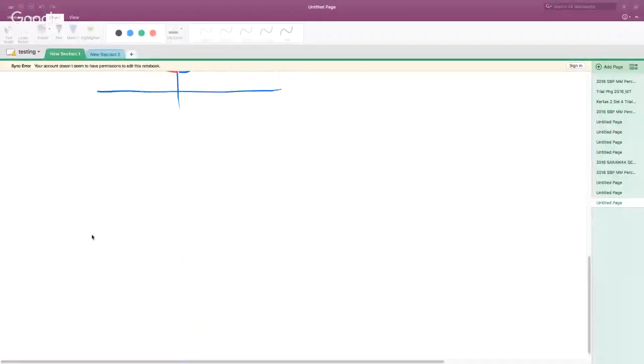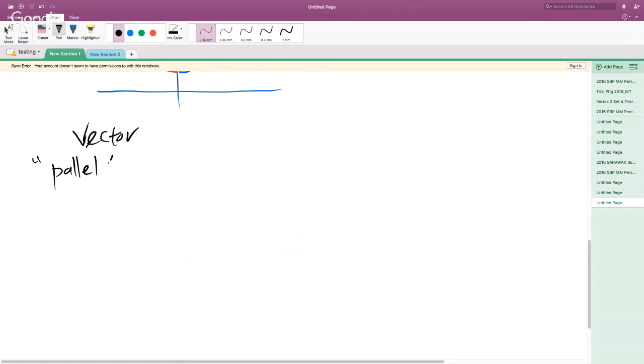In Add Math, you will always see parallel or you will see collinear. Basically both of them actually use the same formula.